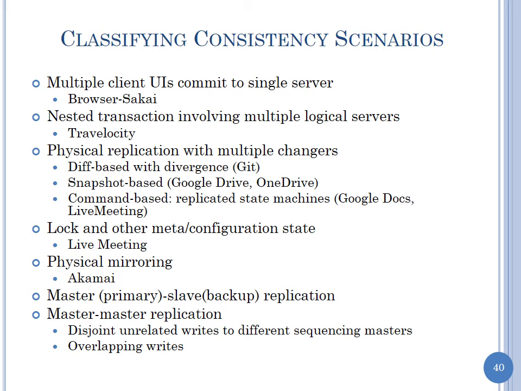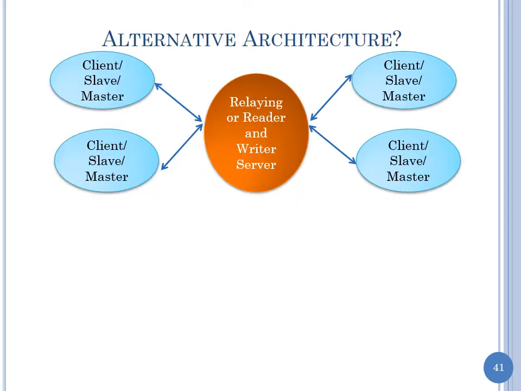So last time we looked at various scenarios in which we might need consistency, and I need to add to those one more scenario. Let's look at this architecture, which is a general architecture for many things we saw, where you have a bunch of clients talking to a server. The clients could be real clients of some service.